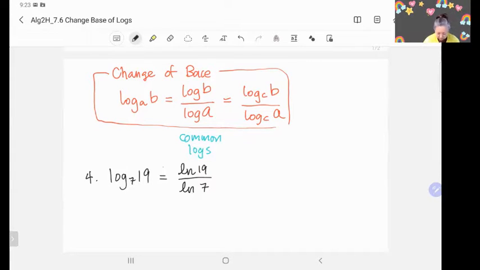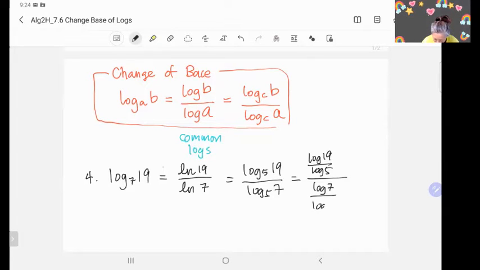And can I use a different one? Yeah, sure. So what if I use log base 5? Then it's going to be log base 5 of 19 over log base 5 of 7. The way you can check is, in this case, you have to calculate each one separately, because this one will again be rewritten as log of 19 over log of 5, and log of 7 over log of 5 again.